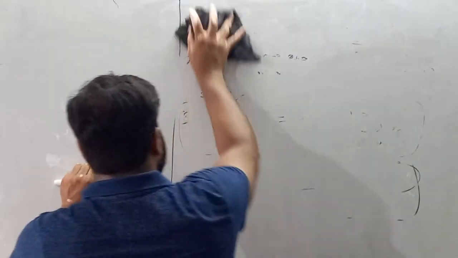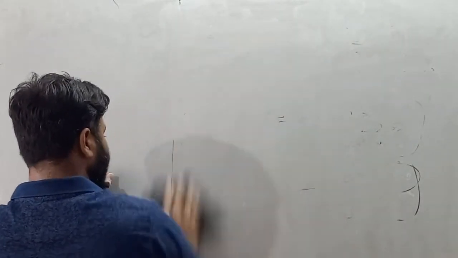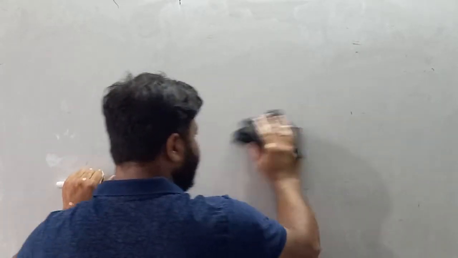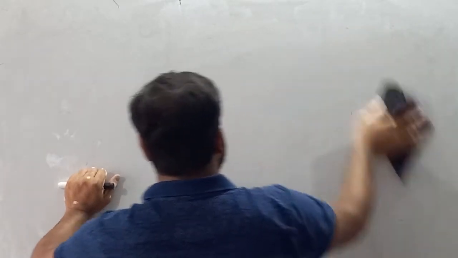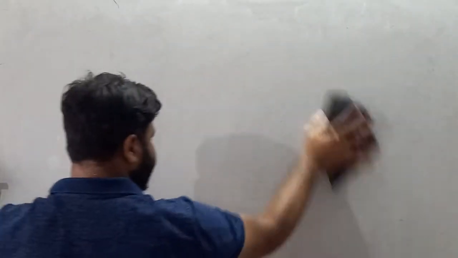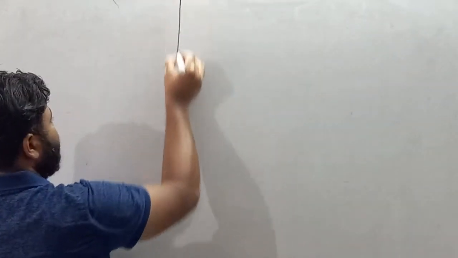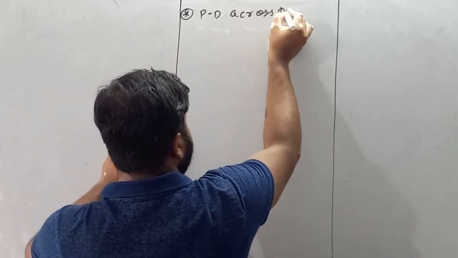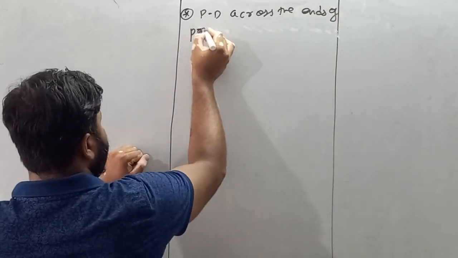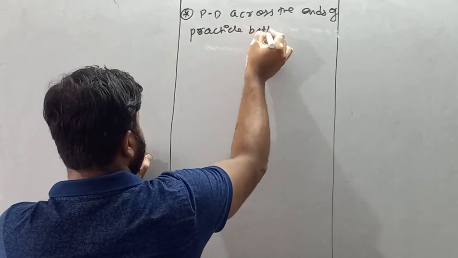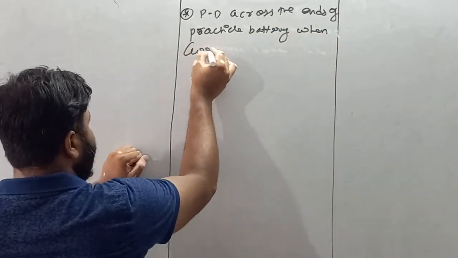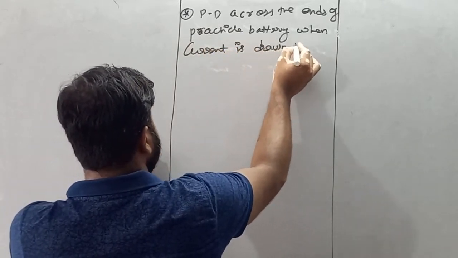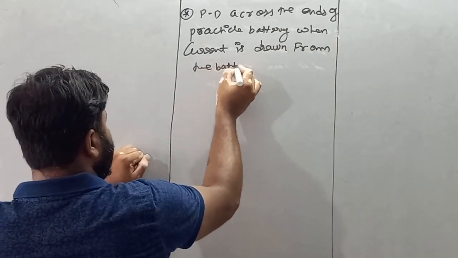So write down the heading: potential difference across the ends of a practical battery when current is drawn from the battery.